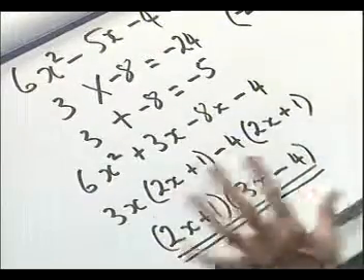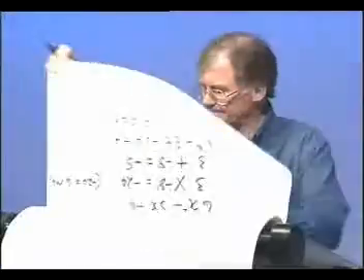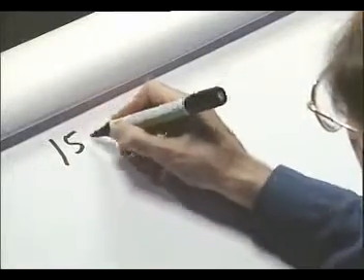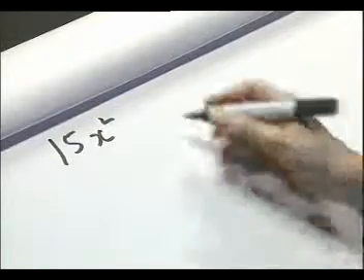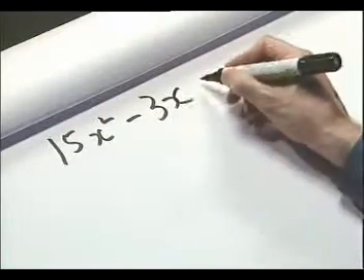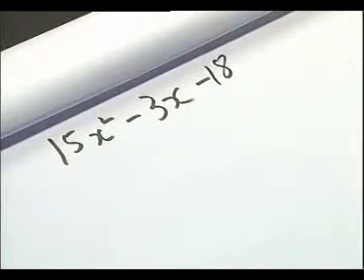We'll take one final example of this kind. I've got 15x squared minus 3x minus 18.